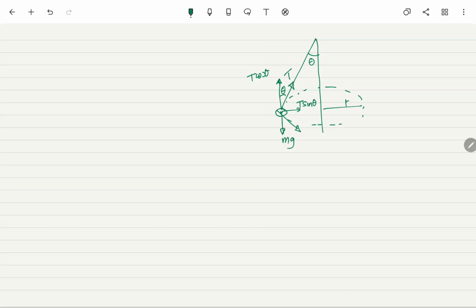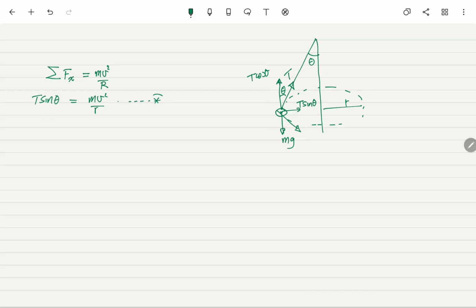Now sum of all forces on x equal to mv square over r. Sum of all forces on x, it's T sine theta equal to mv square over r, where r here is r small, like in this one. This is the first equation.